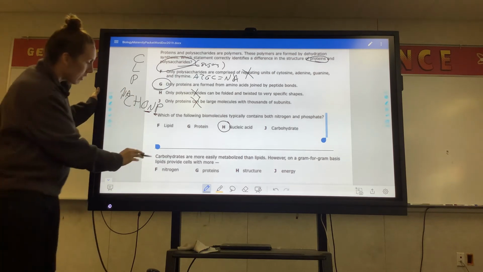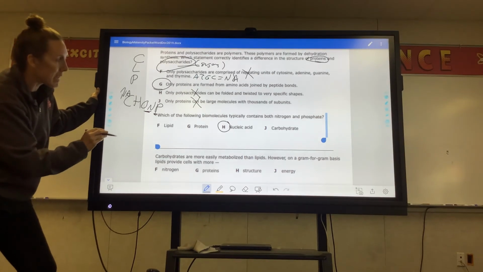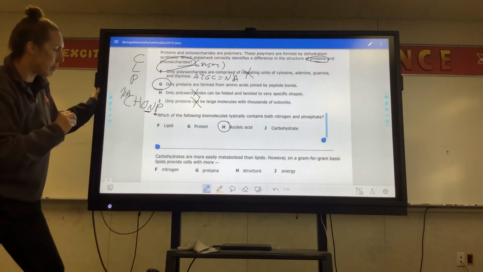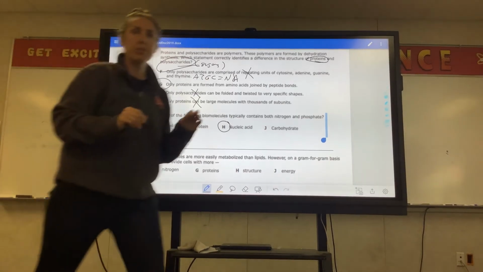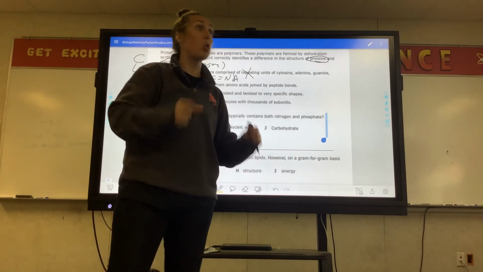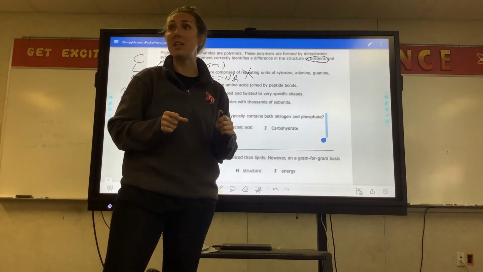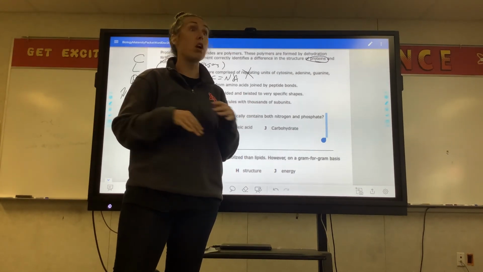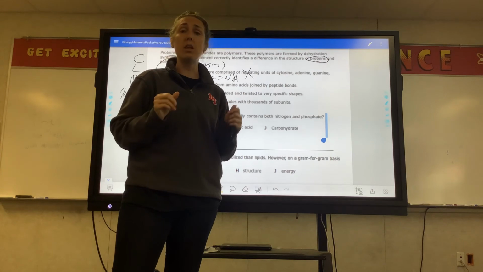Carbohydrates are more easily metabolized than lipids. However, on a gram-to-gram basis, lipids provide cells with more. You want to eat carbs for quick energy because they quickly get metabolized and digested. But if we're talking about what you want to eat if you're starving and don't have any energy, you want lipids.